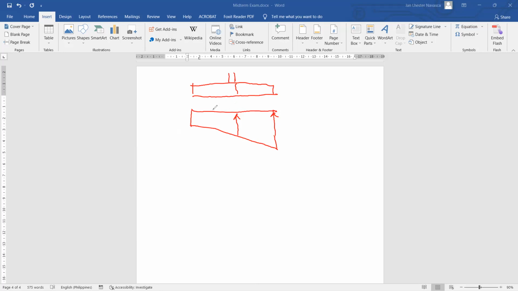Considering this pressure diagram, sum up nyo lang yung moment at this point. Hahatiin mo to in two sides, so kung ano yung makompute yung moment dito plus yung moment dito, with moment arm this one and yung moment arm na ito. So that is how you solve for the square footing with actual moment and actual loads.